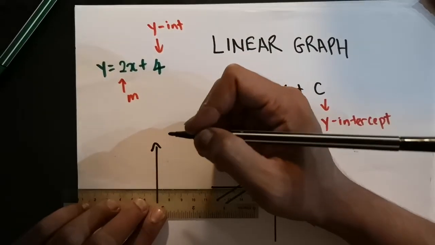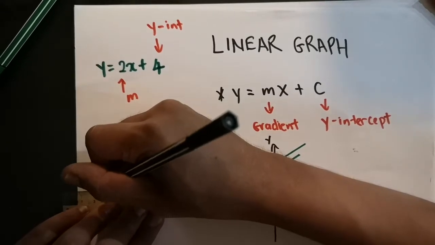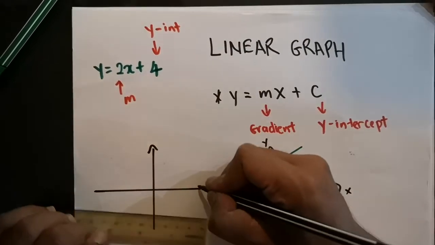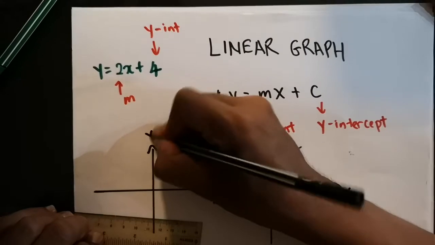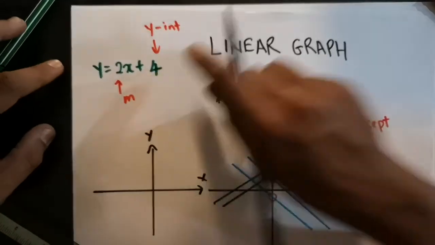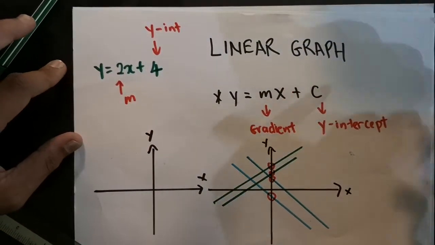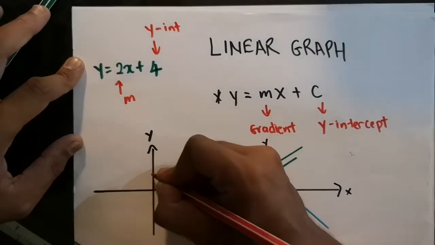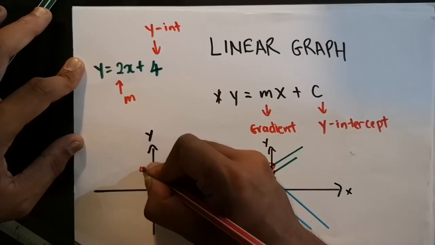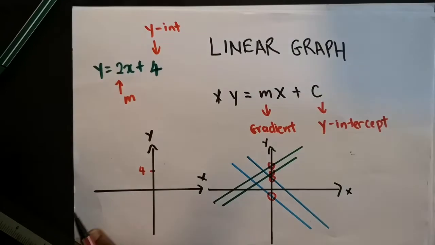Here, okay. This is x, this is y. Okay, so now the y-intercept is 4. So straight up, you must put the point 4 here.